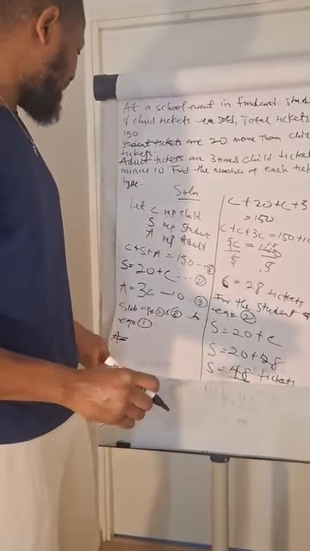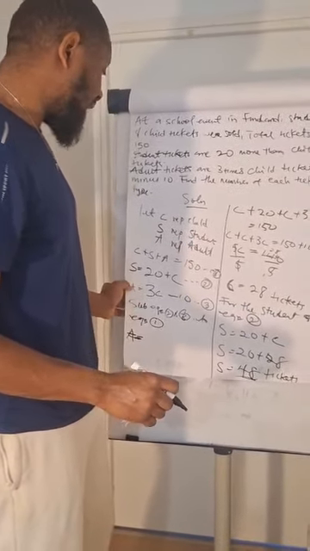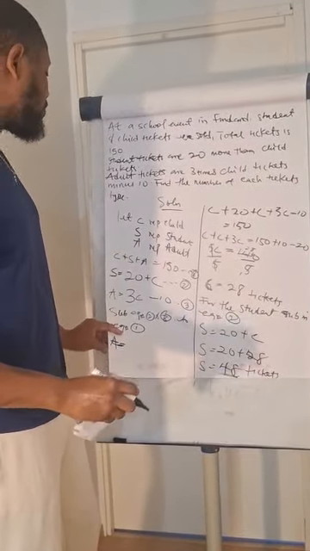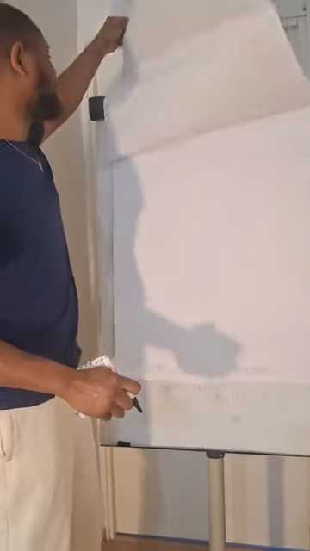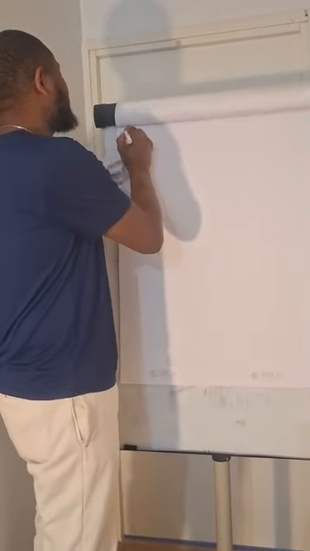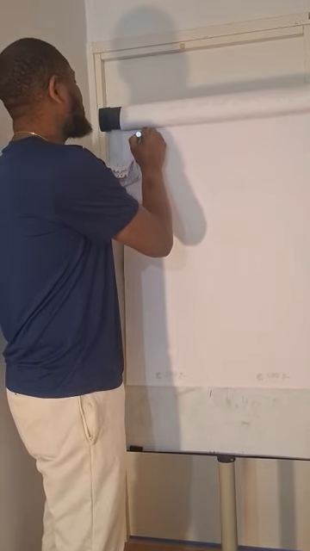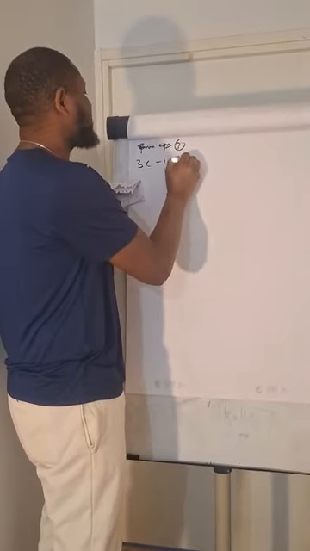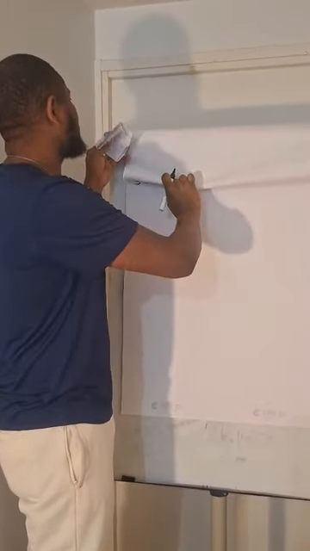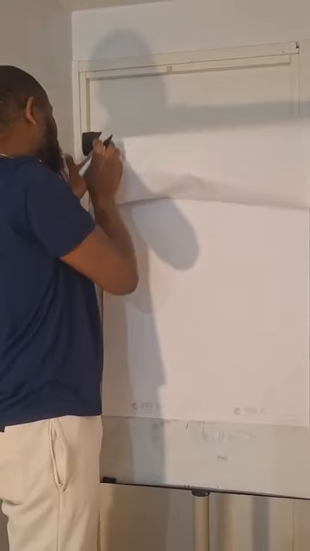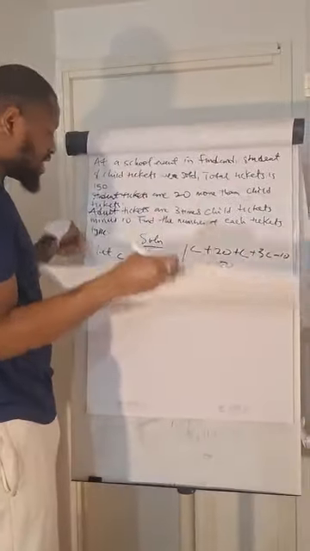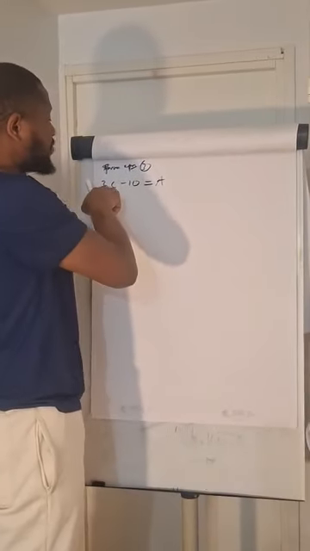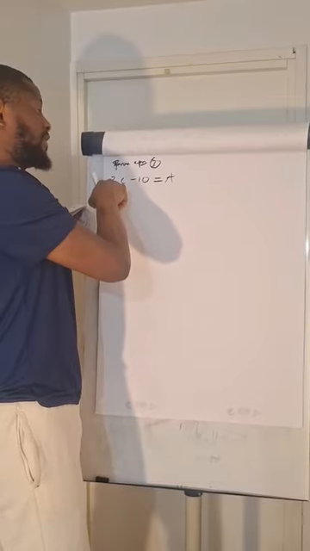Now let's move to the last value, which is the A, the adult. So for the adult, we substitute for A, which is A is equal to 3C minus 10, from equation 3. We've already gotten C, which is 28.